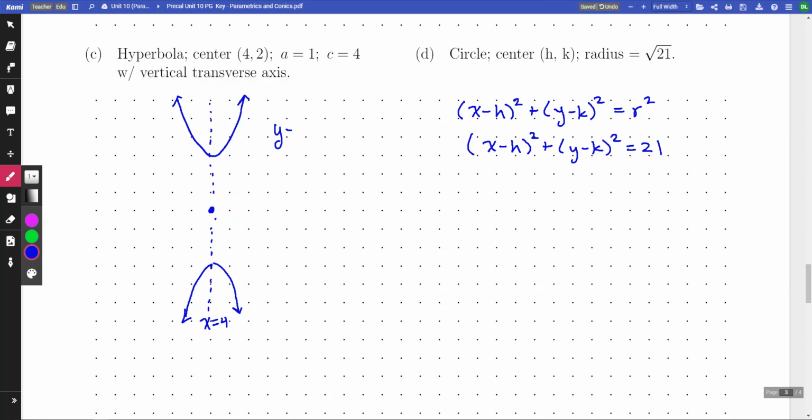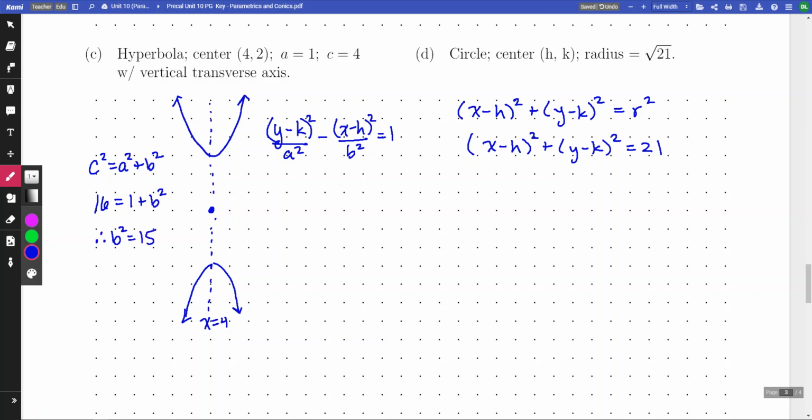Because we're opening upwards and downwards, I know that the general form of my equation is going to be (y minus k) squared over a squared minus (x minus h) squared over b squared is equal to 1. And the relationship is c squared is equal to a squared plus b squared for our work with hyperbolas. So that means that 16 is going to be equal to 1 plus b squared, so b squared must be equal to 15.